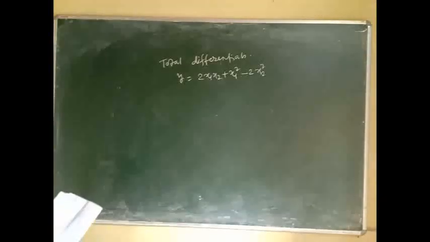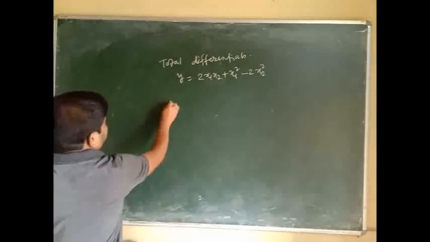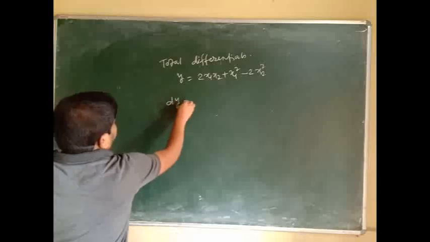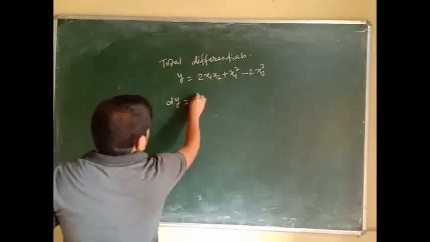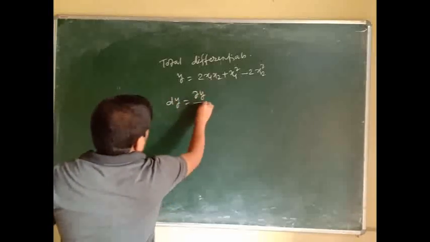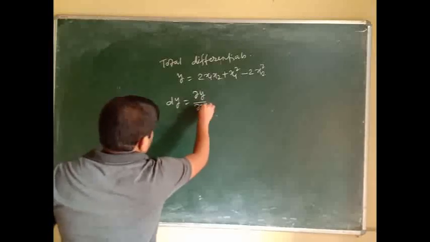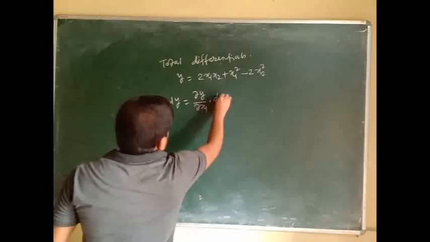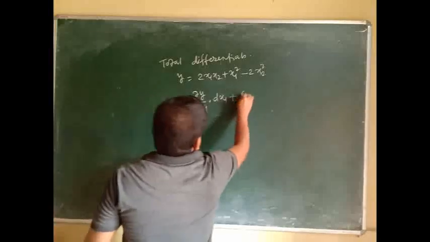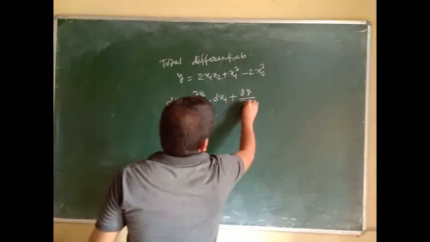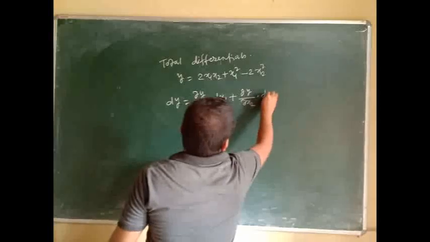So we have to find the total differentials. It is given by dy is equal to del y by del x1 into dx1 plus del y by del x2 into dx2.